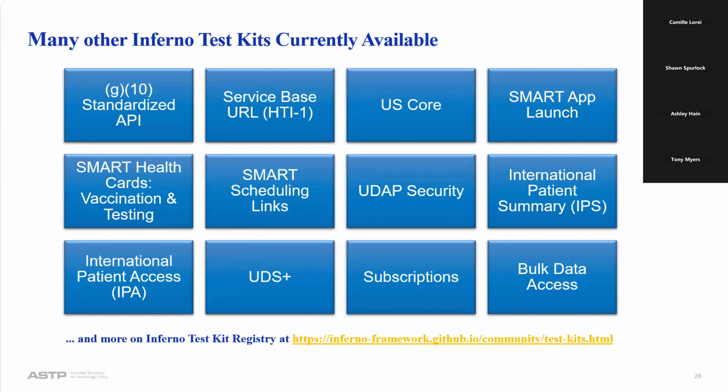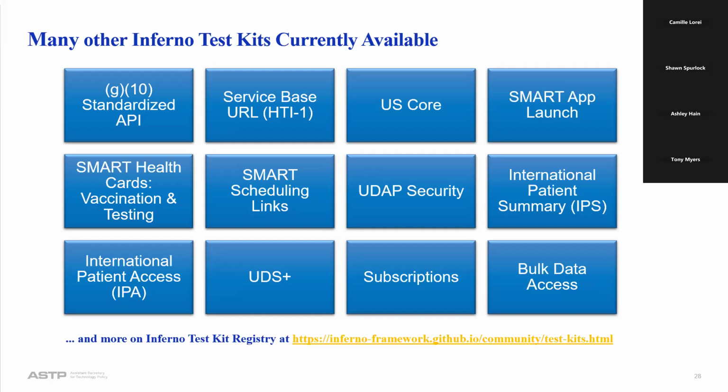Okay, so then beyond the Da Vinci Inferno test kits, this is some of the other test kits that are available in the Inferno framework. So we have things like the G10 criterion, service-based URL test kit, US Core test kit as some of the test kits that are available online, as well as for local download.